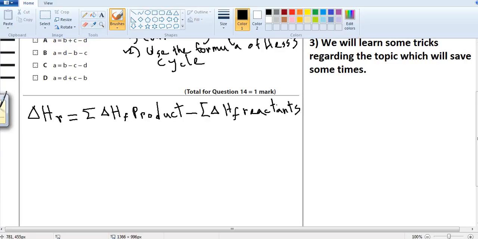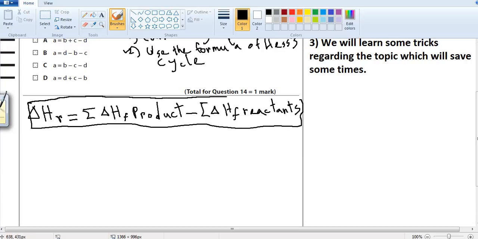This is the trick. We will solve all the problems by using this simple equation.